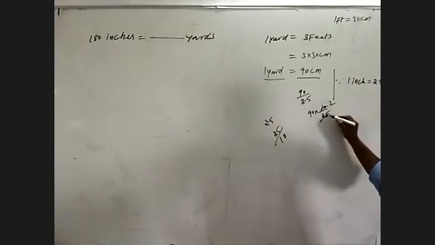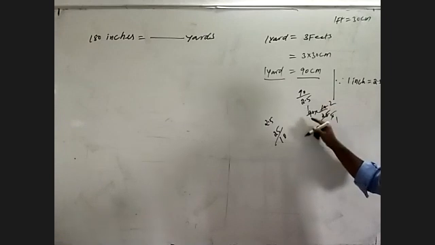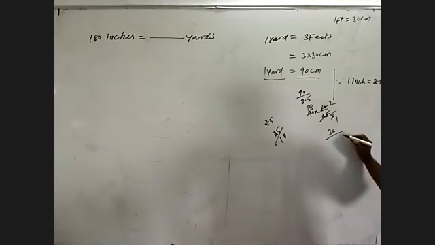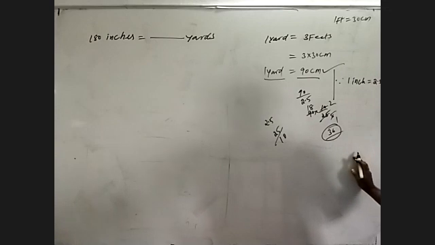So 90 into 10 by 25 gives 36. 36 inches are present in one yard.